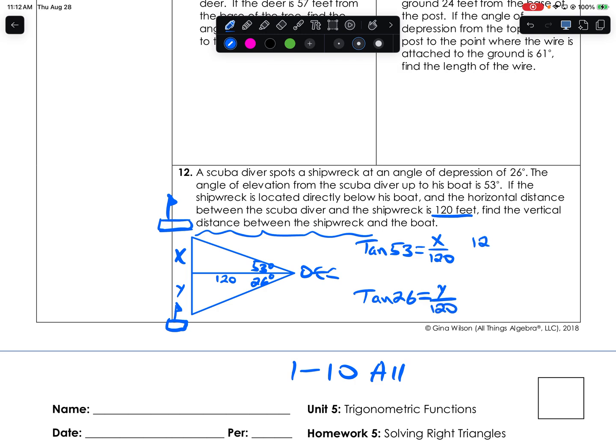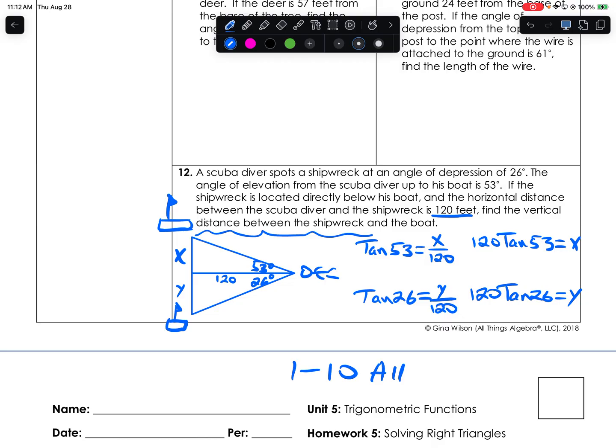So it's 120 tan 53. That gives us our X value. And then 120 tan 26 gives us our Y value.